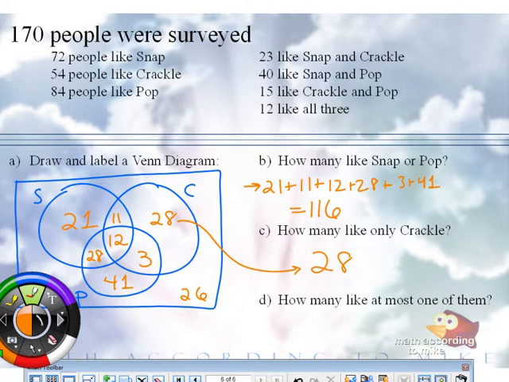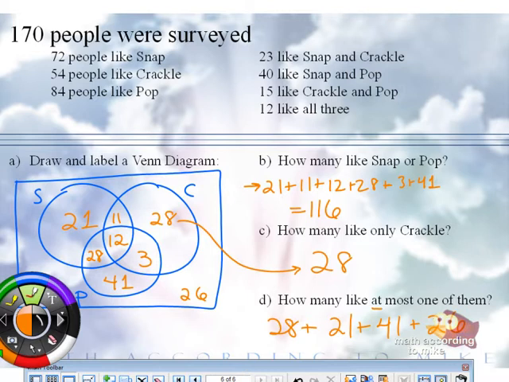So how many like at most one of them? What numbers are we adding together? 28. These are the people that only like crackle plus? 21 are the people that only like snap. 41 are the people that only like pop. 26 don't like any of them.